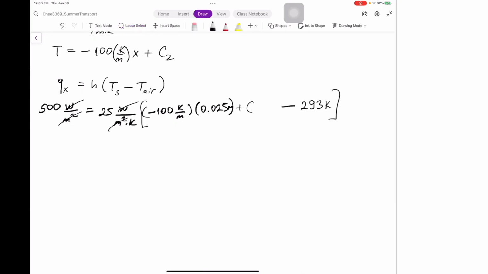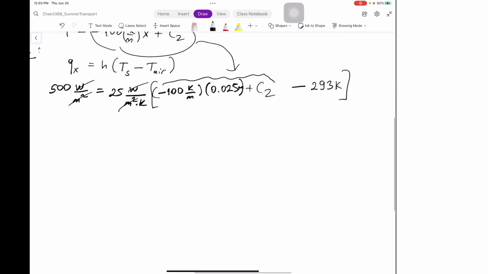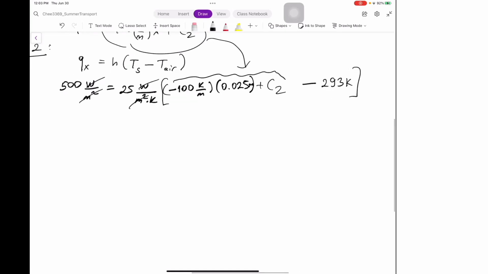Right? Plus C2, because I'm using this description and this entire thing is coming from this. So I can solve for C2 now, right? So let me get my calculator. You can also work on it.